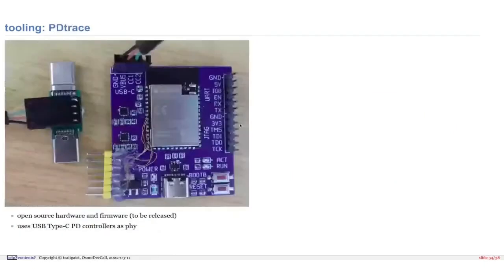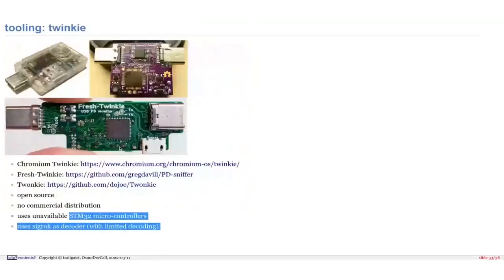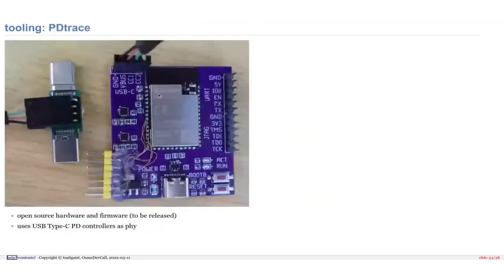So let's come to the PD Trace. It's a different approach than the Twinkie, because on the PD Trace I use a microcontroller which is available, but I'm also not using just a logic analyzer. I'm actually using these Type-C power delivery controllers. We actually have two of them. I do all the hardware handling, all the power delivery handling, in hardware itself, and I'm relying on these hardware chips, which I use a bit everywhere.